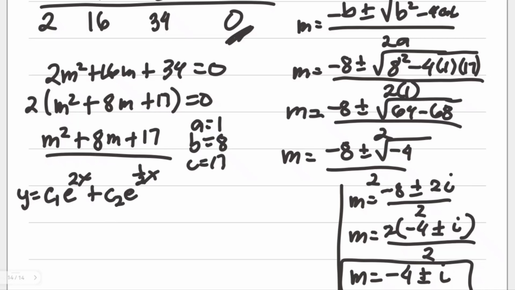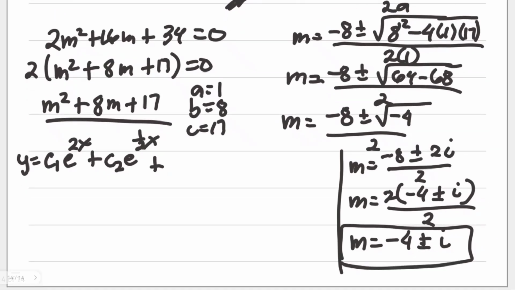Okay? 1/2 x. Plus, you will now integrate the solution involving imaginary roots. You will have here e to the power of ax. This is your a, plus minus bi. So your b is 1, your a is minus 4. So you will have here e to the power of negative 4x. Let me rewrite it here because it has trigonometric functions.